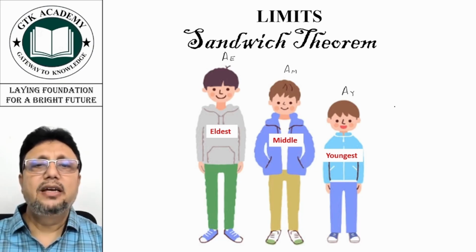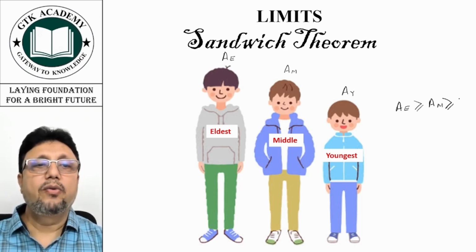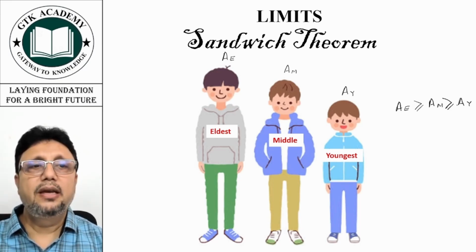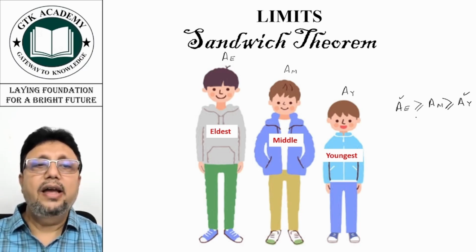So obviously, A_E will be greater than or equal to A_M, which will always be greater than or equal to A_Y. It means the age of the youngest will be the least and age of the eldest will be the highest.